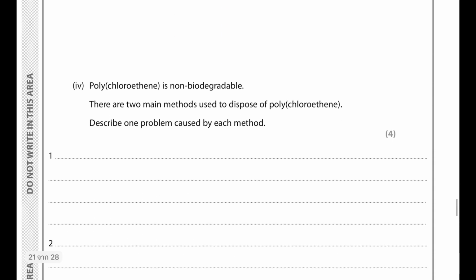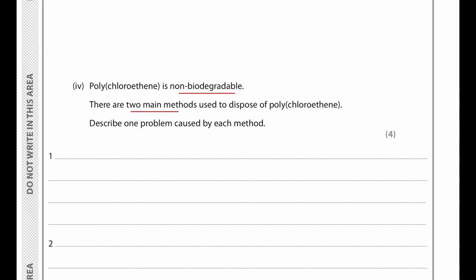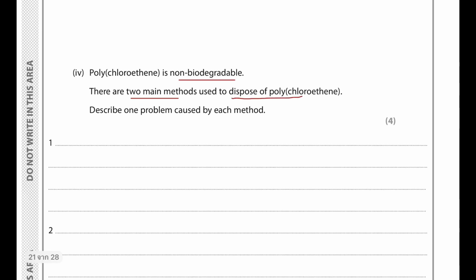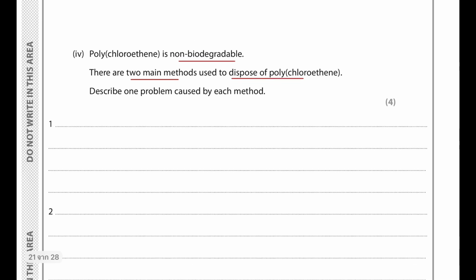Then polychloroethene is non-biodegradable. There are 2 main methods used to dispose of polychloroethene. Describe one problem caused by each method. First one, the landfill method, but it requires a lot of space.